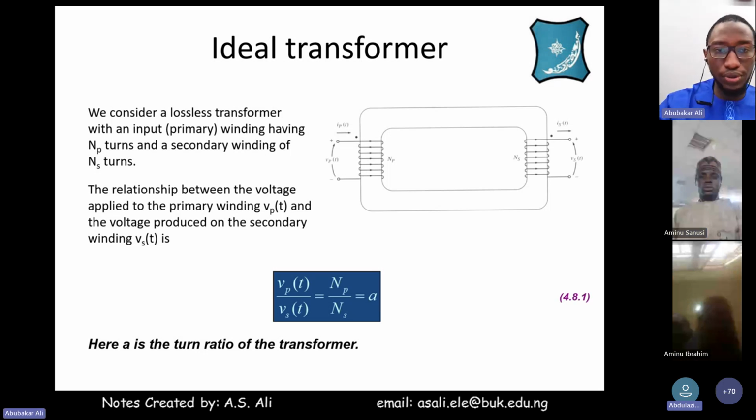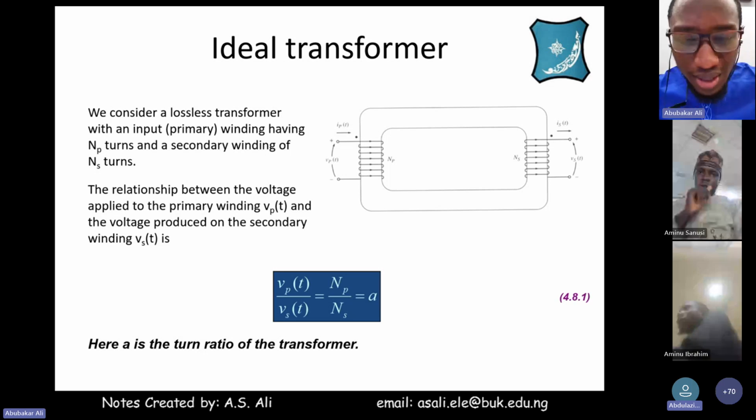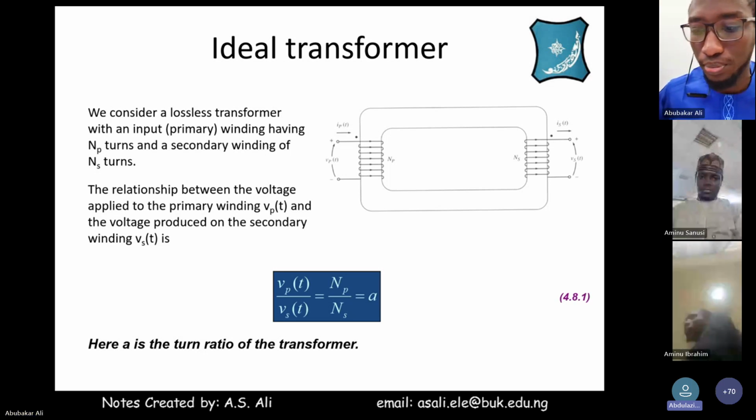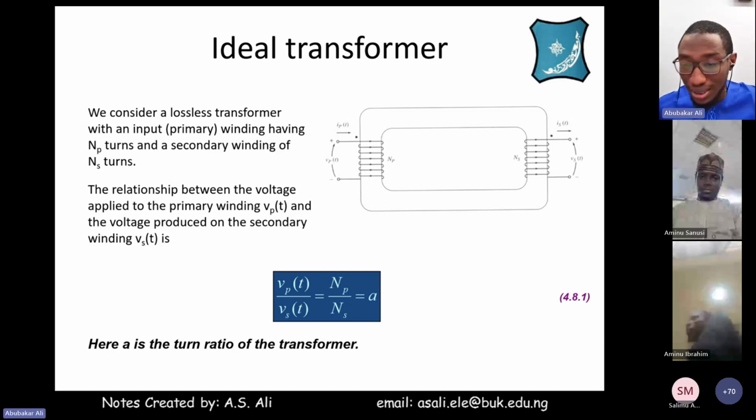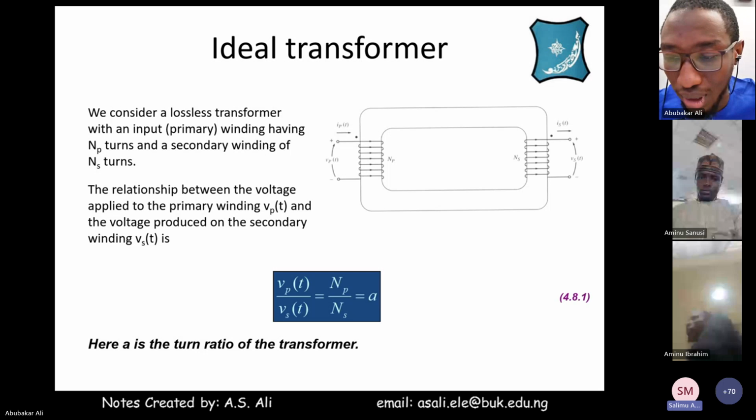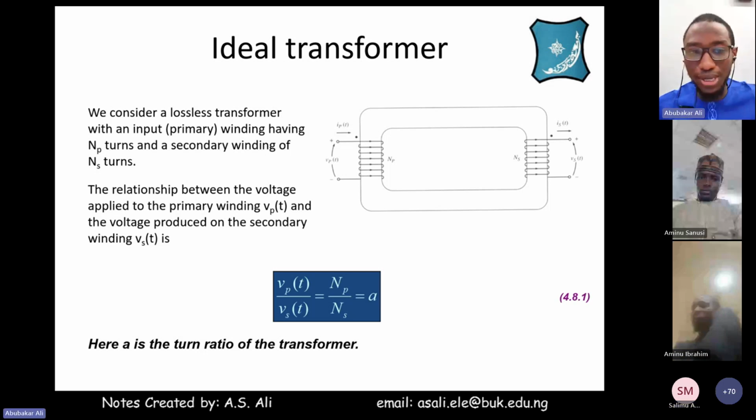All right. So when you have an ideal transformer, normally when we are drawing, yeah. What is the importance of the ideal transformer? That's what I'm talking about: it allows us to analyze and understand the working principles of a transformer. That's the main idea.